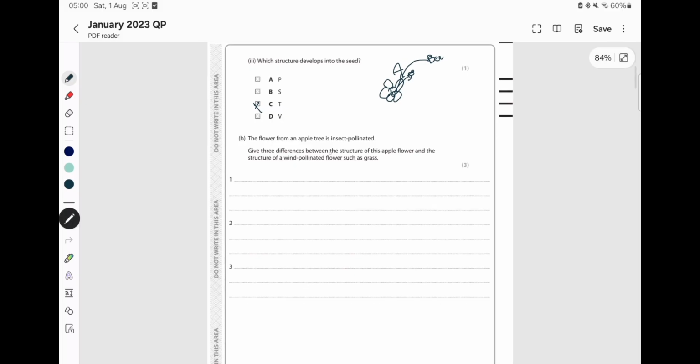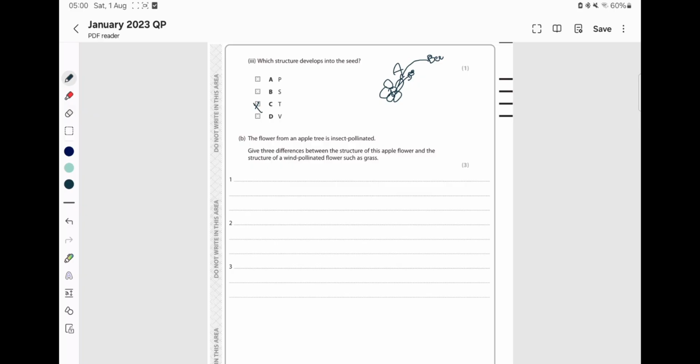It says give 3 differences between the structure of this apple flower and the structure of a wind pollinated flower such as grass. So what are the differences in the structure of the flower itself in an insect pollinated flower and a wind pollinated flower? Pollination is the transfer of pollen grains from the anthers to the stigma.